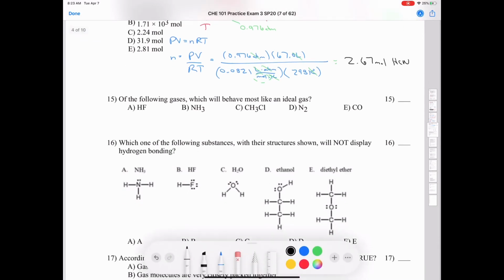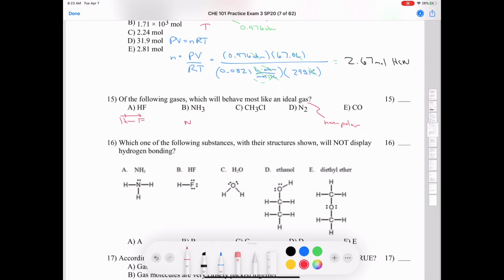Question 15. Of the following gases, which will behave most like an ideal gas? If you remember, the gas that's going to behave most like an ideal gas will be a nonpolar gas. If we look at HF, we can see that there's a dipole in HF.